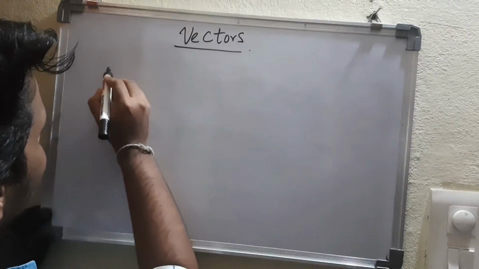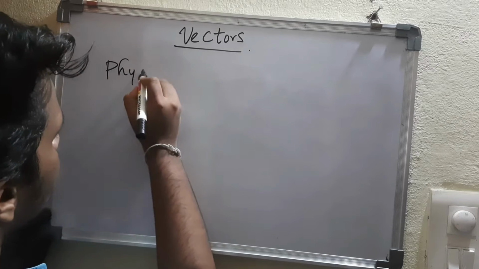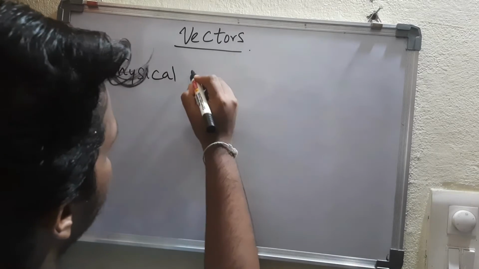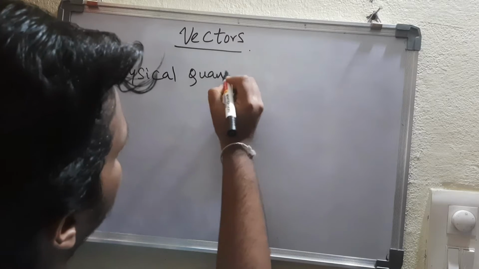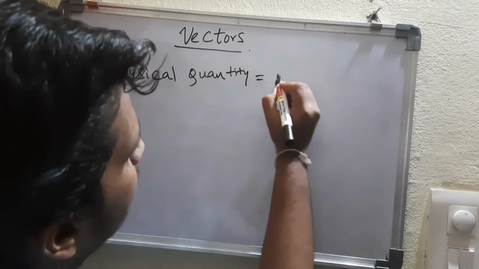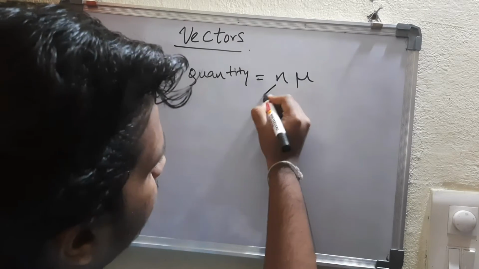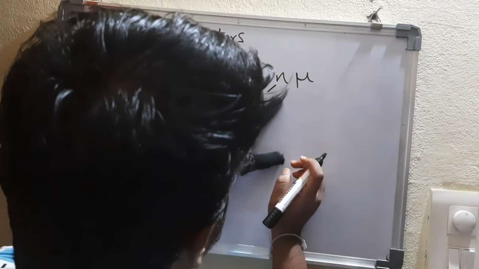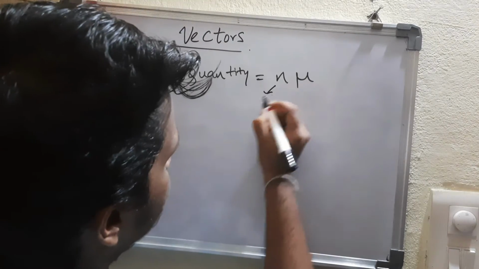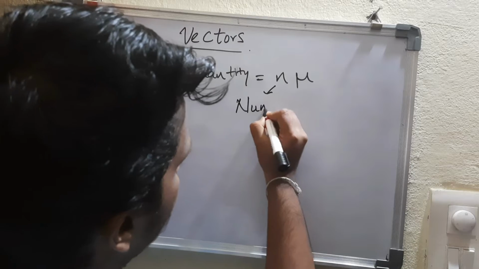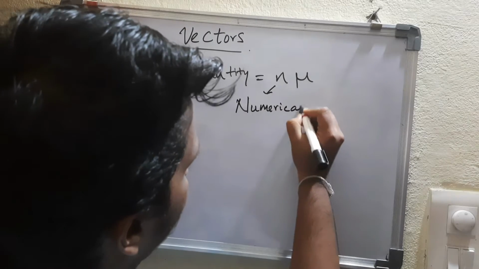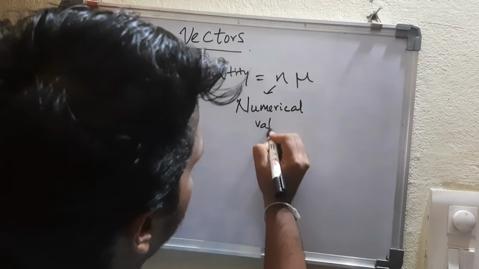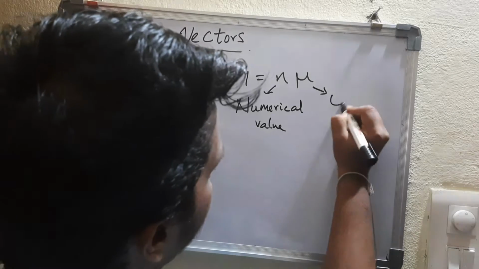So let us take a physical quantity, any physical quantity, that is n into mu, where n represents the numerical value of that physical quantity, and mu represents the unit.